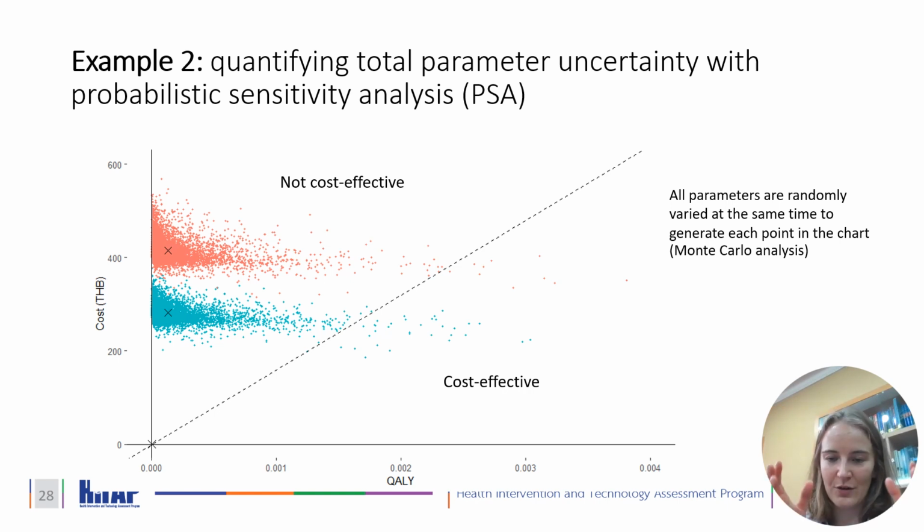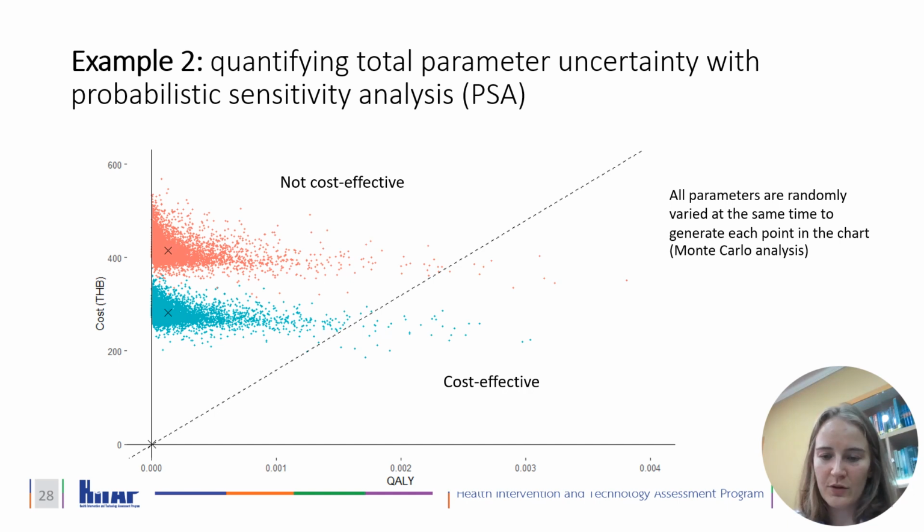So what you do is you sample from the distribution for each of the parameters, for every single parameter at the same time. Then you run it and look at the change in your output, and you do that many times. Normally if you're using a Monte Carlo analysis, about 1,000 loops is typical, but there are equations which guide you in terms of how many samples you need to take.